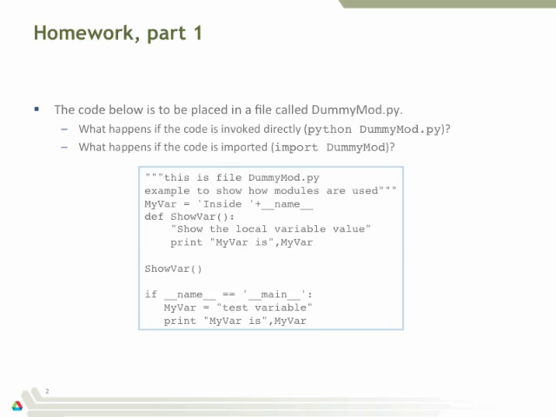So let's think about what's going to happen right here. This code is running, in a sense, at the global level. It's not even inside a routine. It's just got an if statement there. So as this code is being run, we're setting up a global variable at the module level.